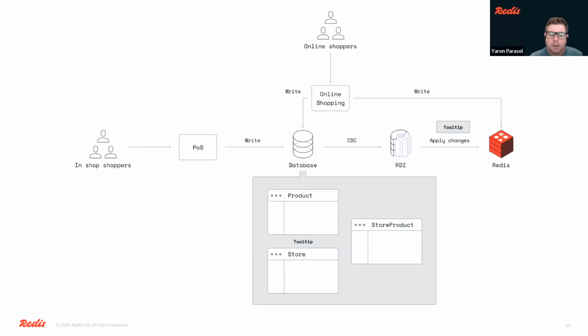Thank you, John. As John said, RDI can help your business turn slow data into real-time data. I'm going to show that with a demo that mimics a real-time inventory scenario. There are many companies that still operate in a hybrid mode where they have physical stores and online shopping.